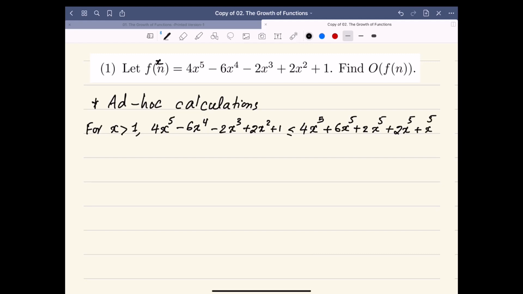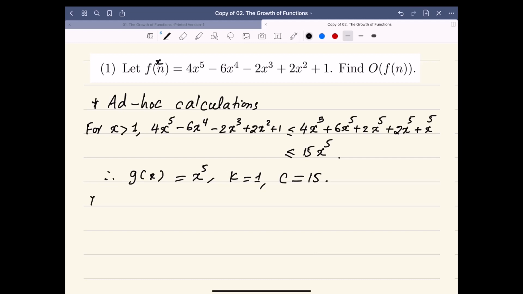Since all the terms have x raised to power 5, we add the coefficients. So 4 plus 6 is 10, 10 plus 2 is 12, 12 plus 2 is 14, and plus 1 is 15. So here we have 15x raised to power 5. So we say that g of x is equal to x raised to power 5, and the witnesses k is equal to 1 and c is equal to 15.